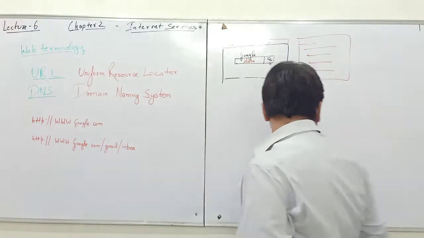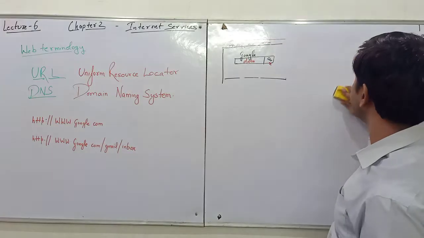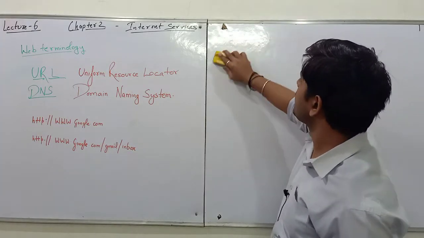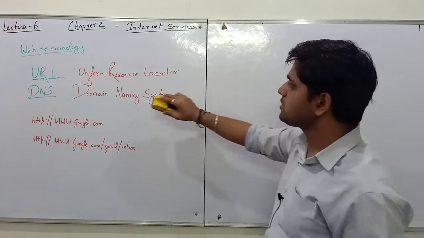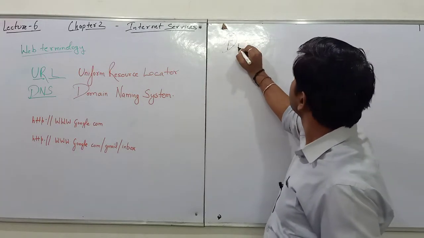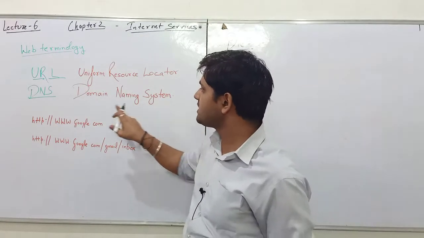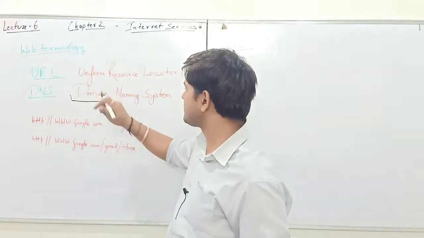Now moving towards DNS. DNS will let you know how these URLs are designed and how the user uses the URL. DNS stands for Domain Naming System, means domain. What does domain stand for?